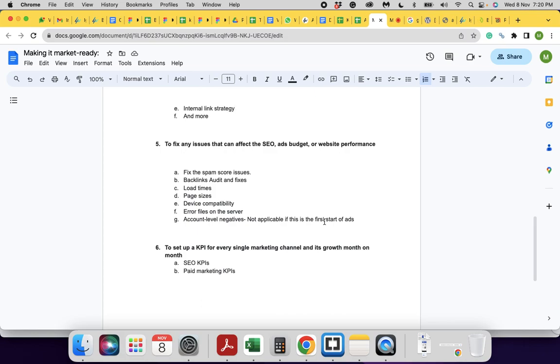This is my key responsibility, and exactly that's what we do through this. We educate the business owners with the key performance indicators for each service that they are opting for. Here I have mentioned just SEO and paid marketing. So if it is SEO, the key performance indicator will be... anybody, what is the key performance indicator for SEO implementations?